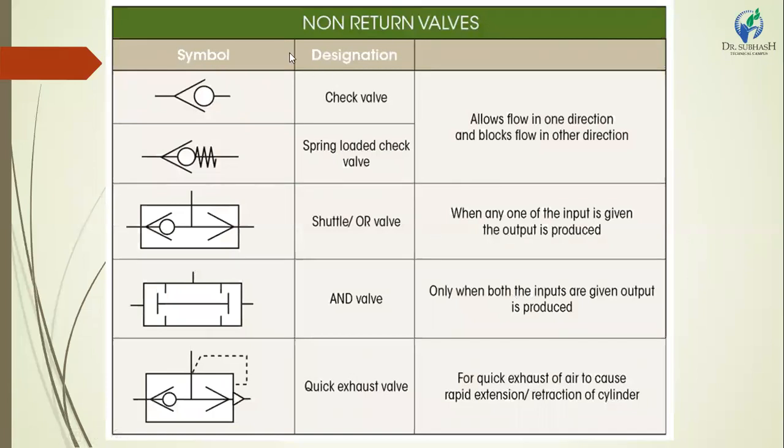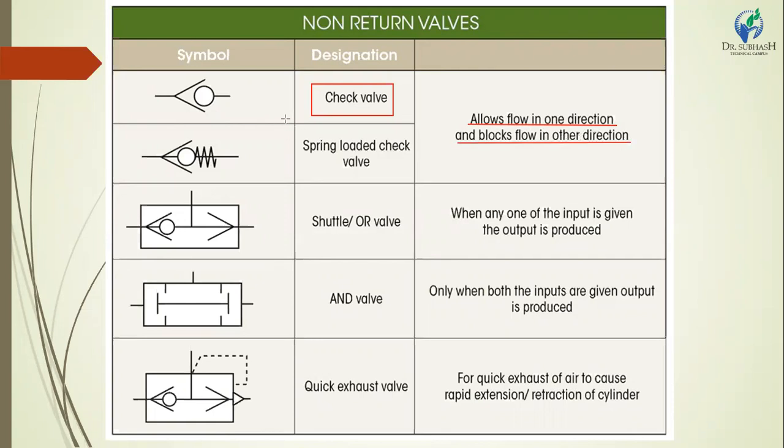Here the next is non-return valve, types of non-return valve. The first symbol mentioned is the check valve. It allows flow in one direction and blocks flow in the return direction.